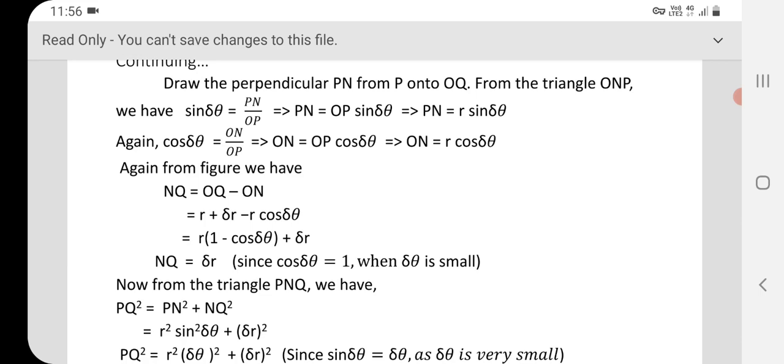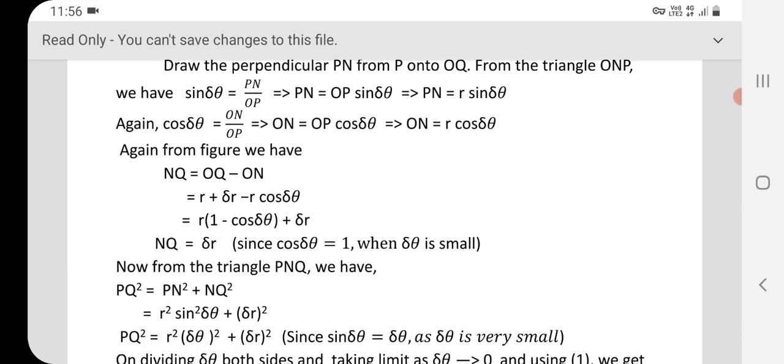Now this OQ is nothing but r plus delta r, and ON equals r cos delta theta. Now from this, if I take r as a common factor, that is r into 1 minus cos delta theta, plus delta r. Since cos delta theta equals 1 when delta theta is very small.